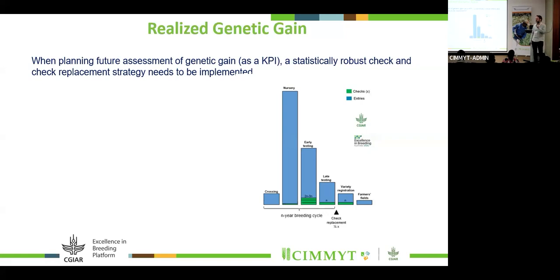Because that 1 check in that year, for whatever reason, we don't know what it is, there was probably some general, maybe a dry year across many sites, that check performed poorly across many trials in that year. So everything in that year, it pulls down the overall check mean in that year.